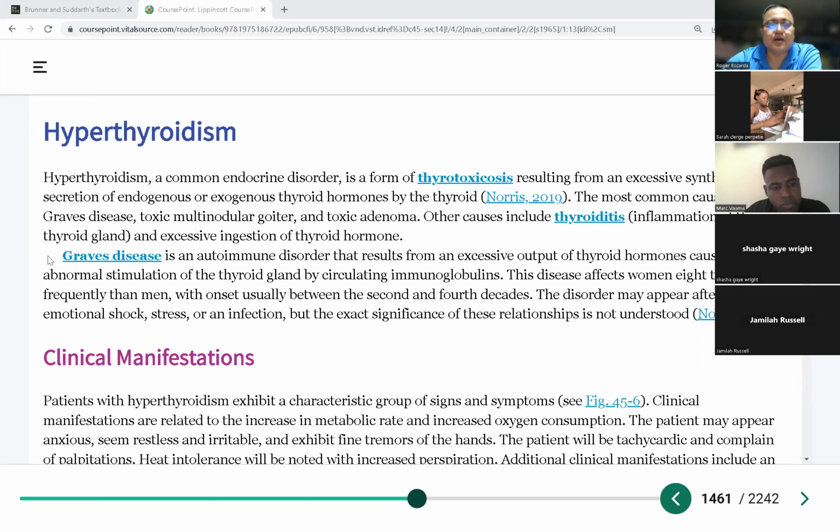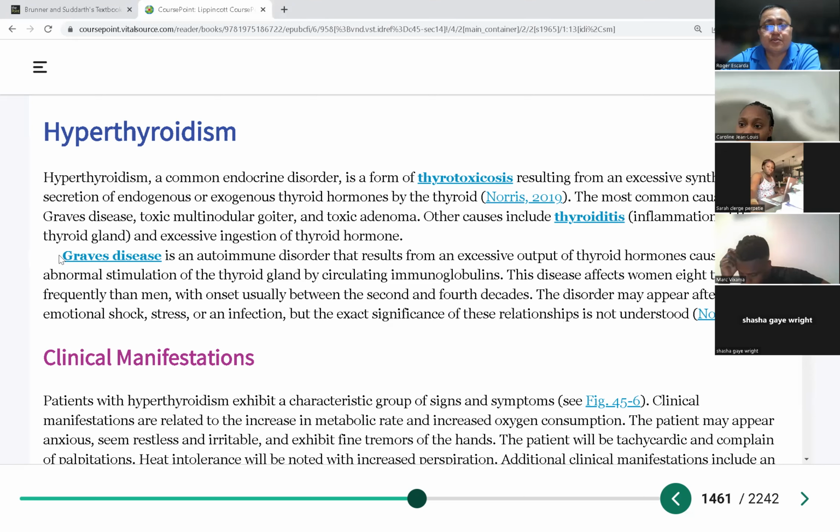Correct. So the problem with primary hyperthyroidism is autoimmune, just like what's the counterpart in hypo? What's the name of primary hypothyroidism? It's Hashimoto, right?